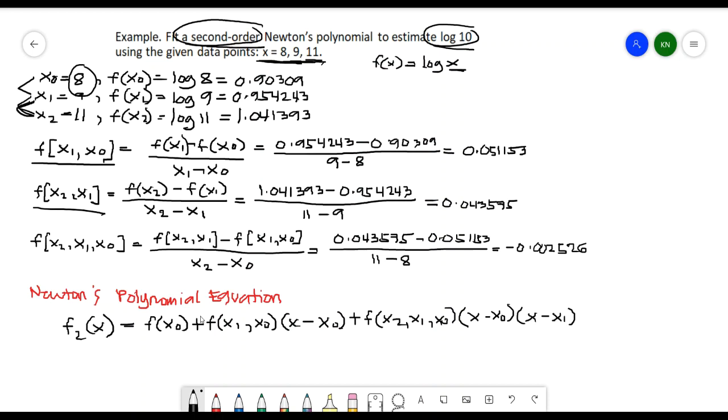So again, this is the formula for the second order of our Newton's polynomial.